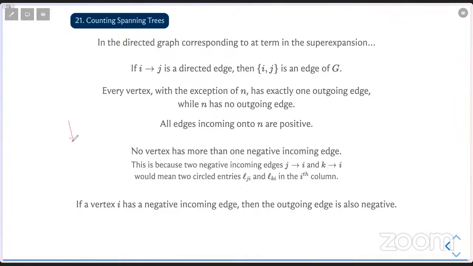So suppose you have this edge incoming, which is negative, and you have an outgoing edge, which is positive, right? So let's say you have an edge from J to I, which is negative, and from I to K, which is positive. What does that mean?